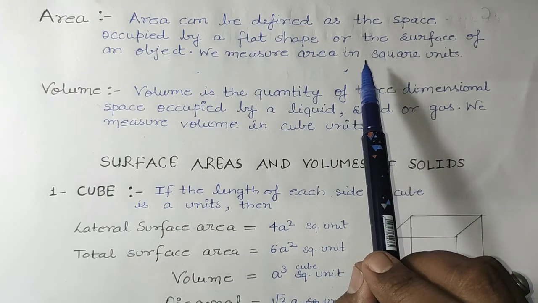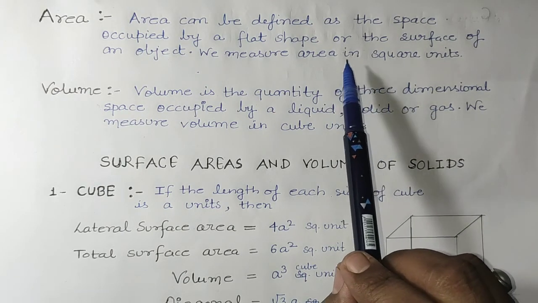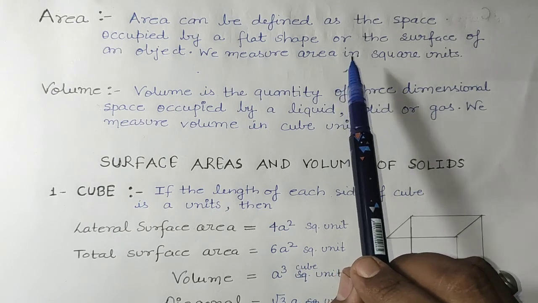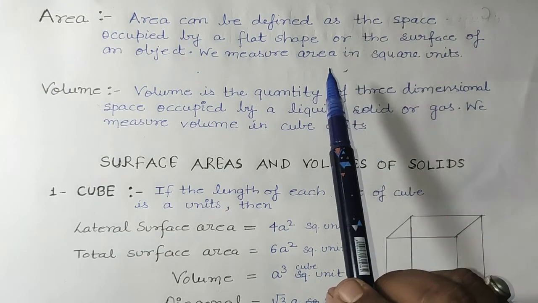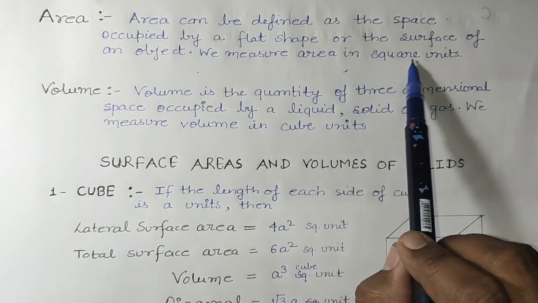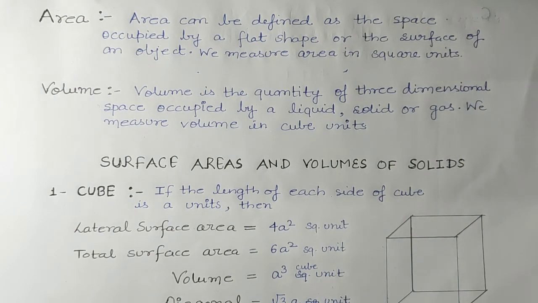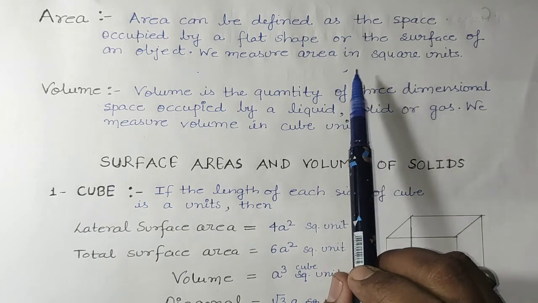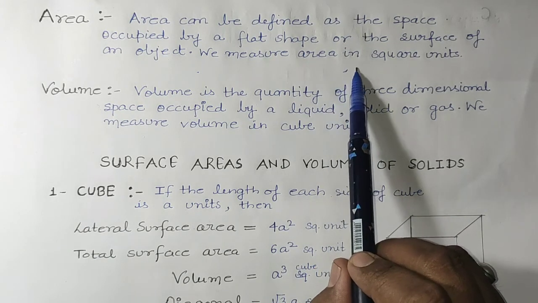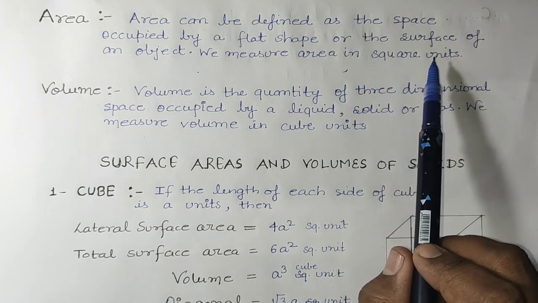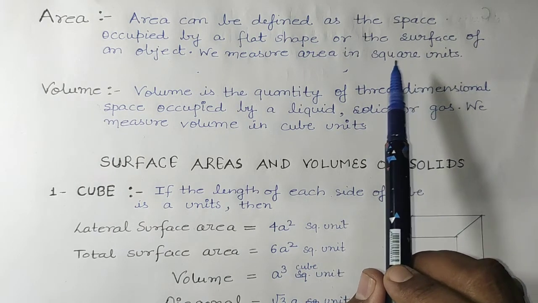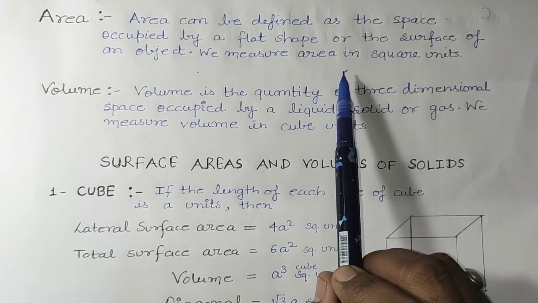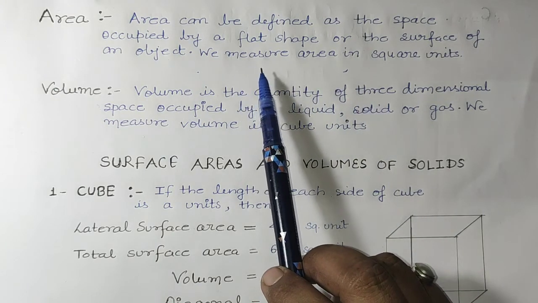All these kinds of shapes we have learned how to find their areas, and we measure area in square units. Like if in a square all sides are of 2 meter, then its area will be 2 square, that is 4 meter square. Okay, so like this students we find the area.